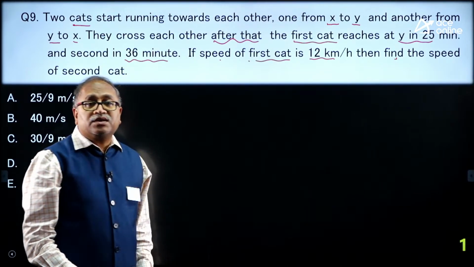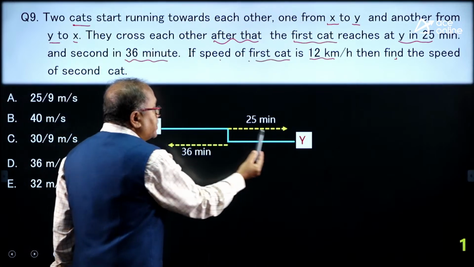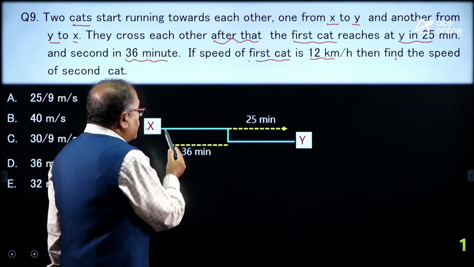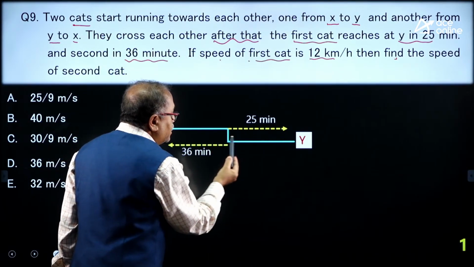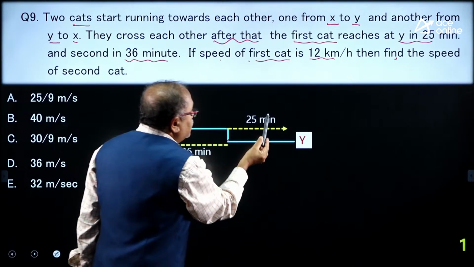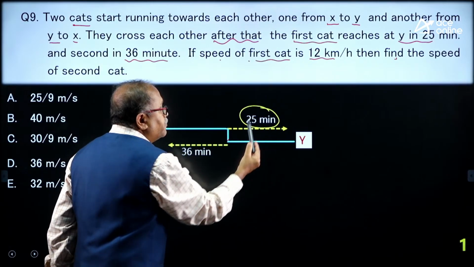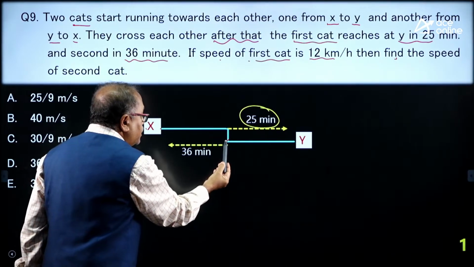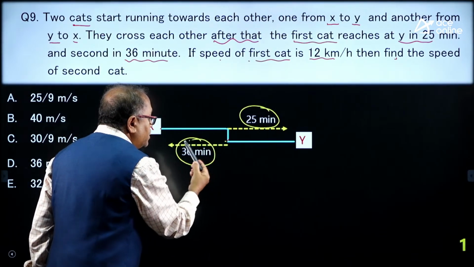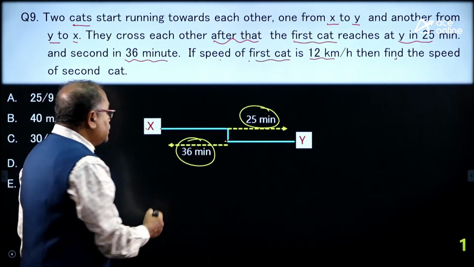Very frequently asked question in competitive exams. Look at this one. So, x to y, there are 2 points. The first cat and the second cat meet, and after meeting the first cat takes 25 minutes, and the second cat takes 36 minutes to reach x. So, what is the speed ratio?